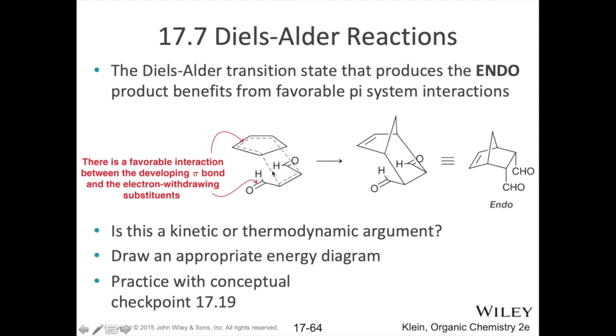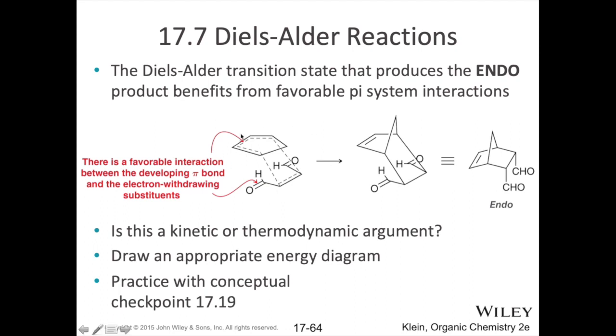That attraction causes the diene and your dienophile to stack with those electron withdrawing groups closer to your pi system. So again, this is an electronics argument for why we get that endo product as our major product.